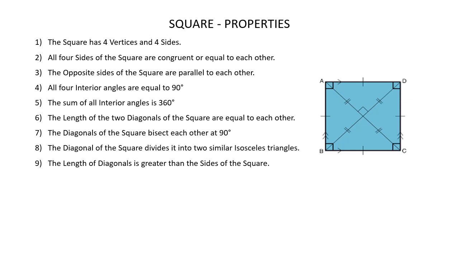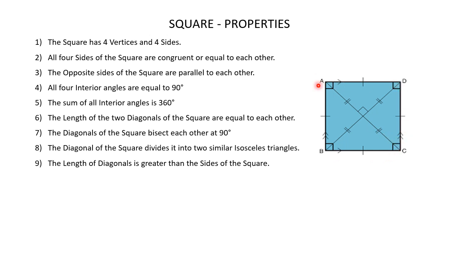The diagonal of the square divides it into two similar isosceles triangles. Now if we consider the diagonal AC, then AC divides the square ABCD into two similar isosceles triangles ABC and ACD.